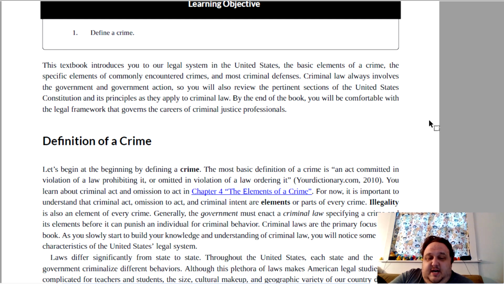And of course, something that we talk about in chapter 4, and have talked about before in other criminal justice classes, is that the big important piece is that there are elements of crime. There are parts of every crime. Some of that we have right here: criminal act, omission to act.